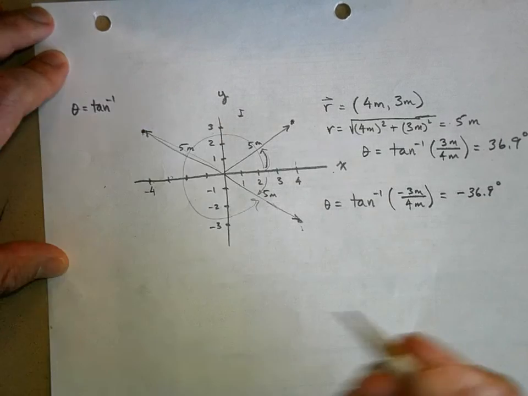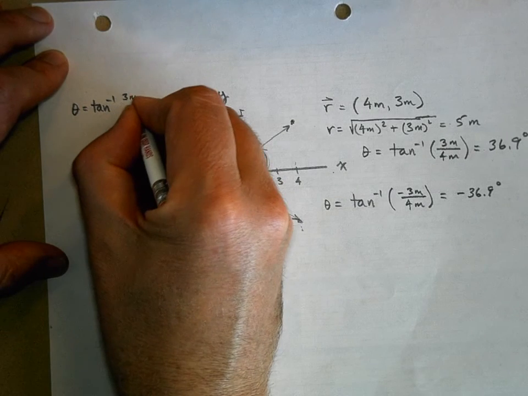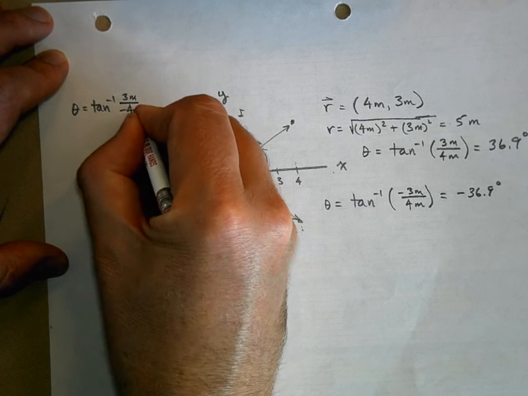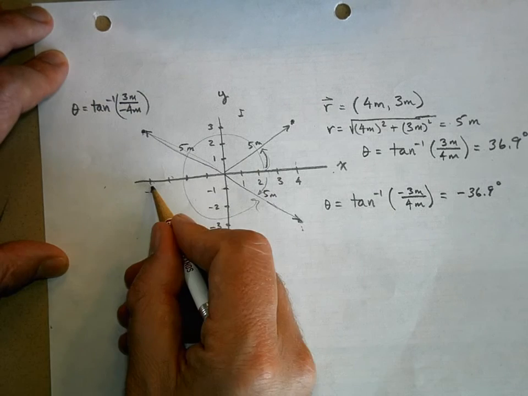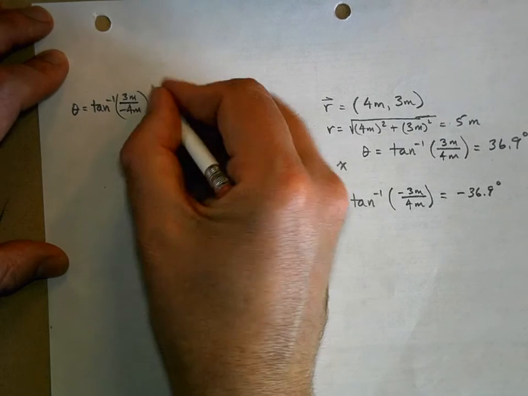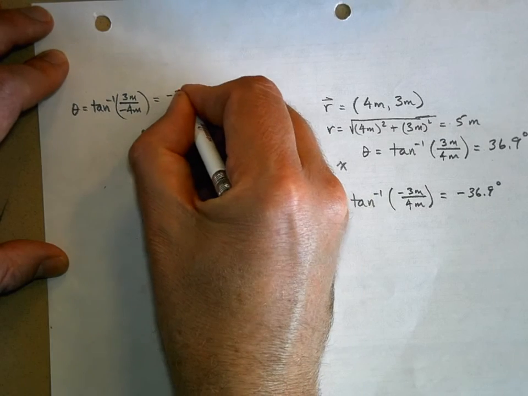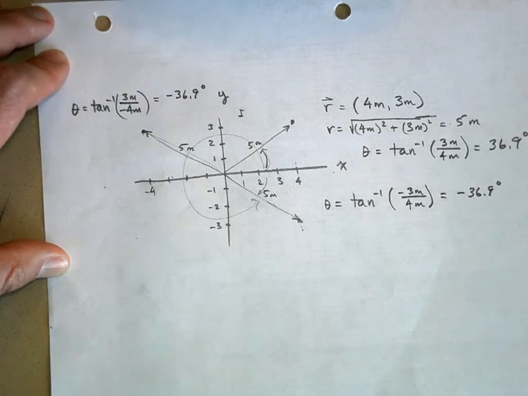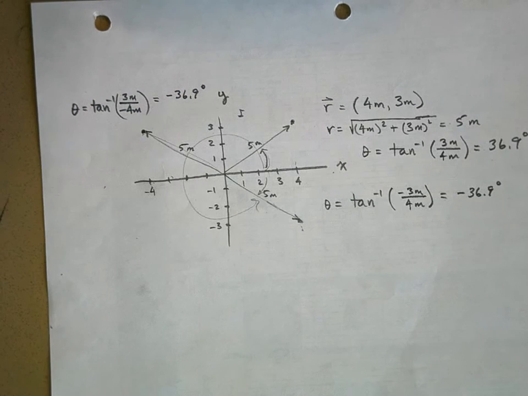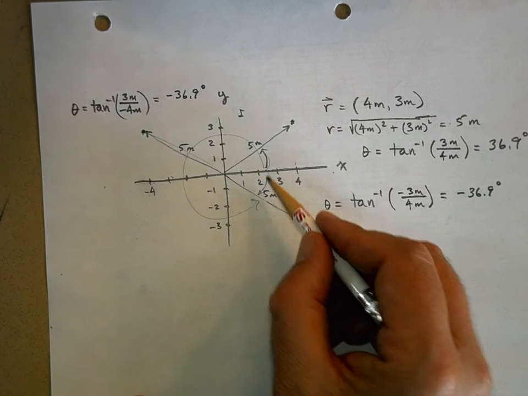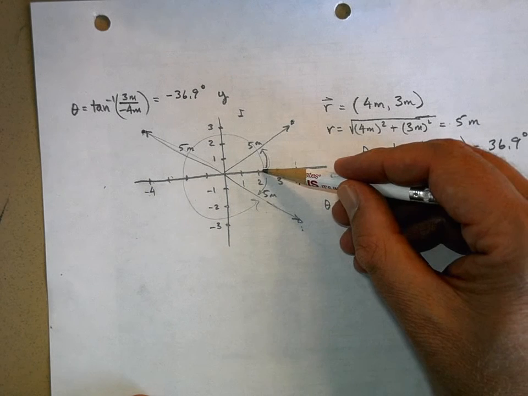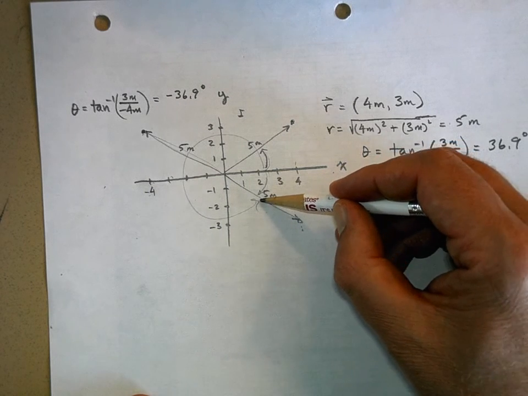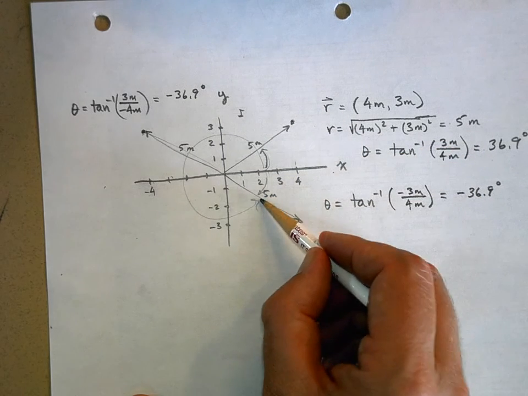The inverse tangent of the y value, which is 3 meters, over -4 meters. Notice that our x value is negative now. When you do that, you get -36.9 degrees. But that's the wrong answer. That's not where that object is. It's 5 meters away, but not at -36.9 degrees. Where is it compared to this?